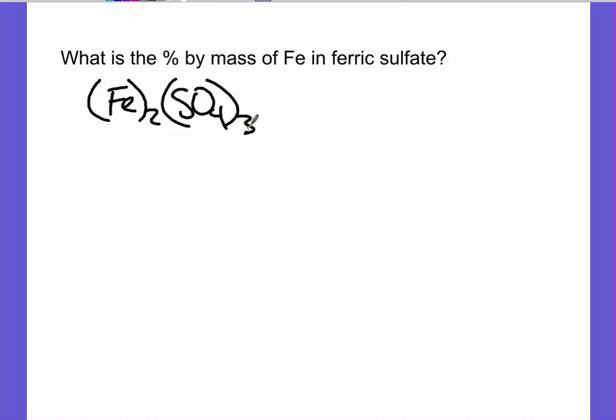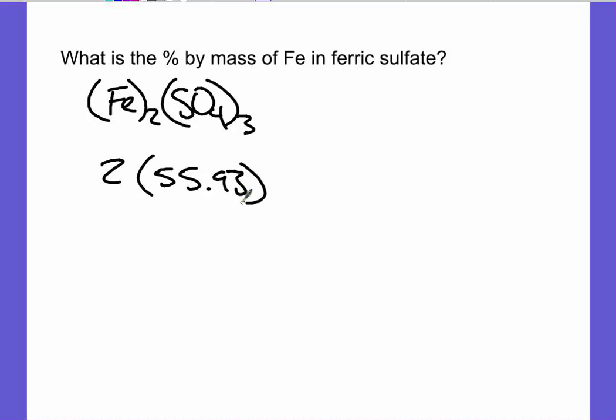I don't need those parentheses around the iron, but whatever. Now again, I do need to do the 2 irons again, but I'm pretty sure we did this one before as well. What was the iron's mass though? It was like 55.93. So I have to calculate that, but then I'm going to divide by that total that we already have, multiply by 100.